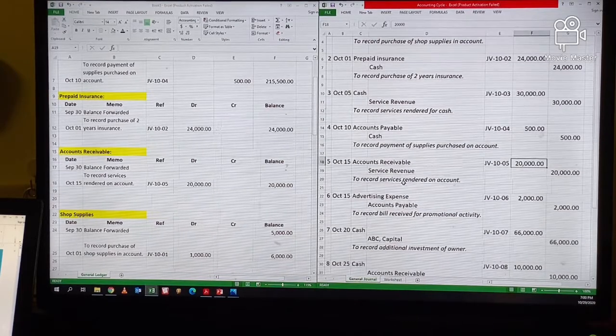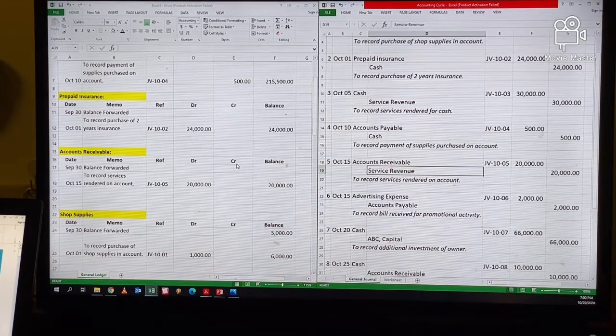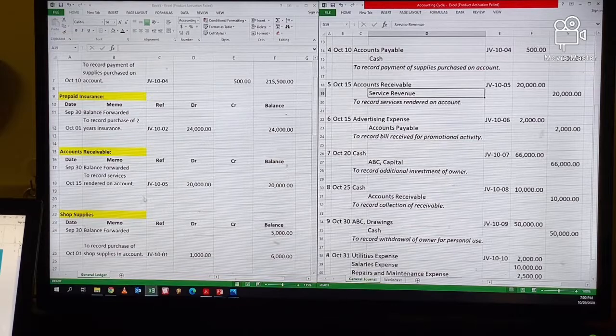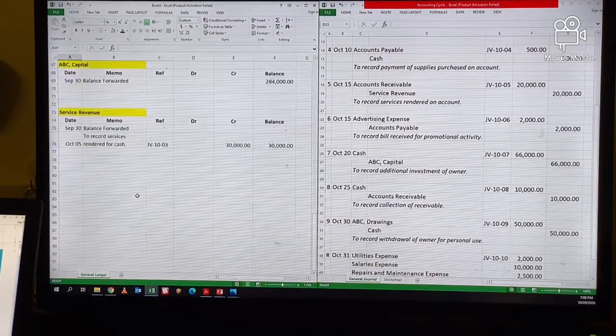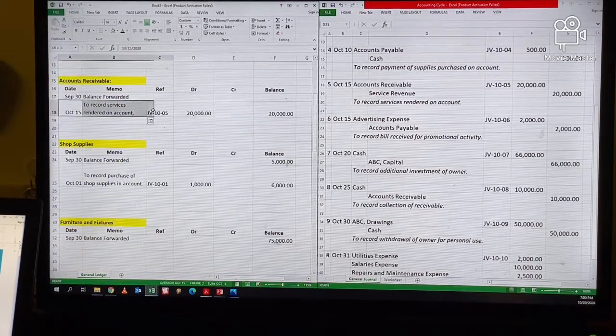Okay, debere, credere. Dun siya nagmula sa word na debere and credere. Kaya, DRCR. Okay, now, ang credit mo ay service revenue, 20,000. So, service revenue. Okay, meron na tayong GL. Copy mo lang.